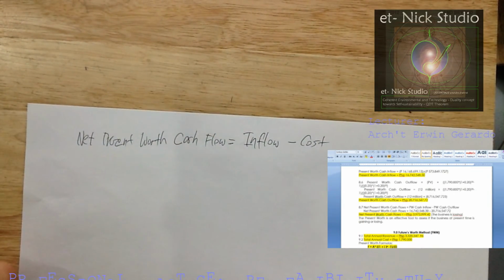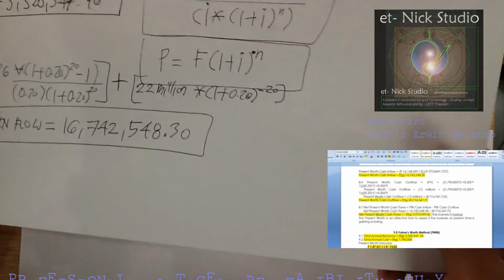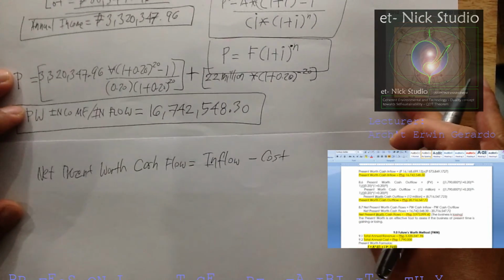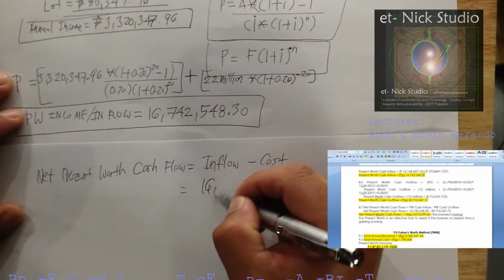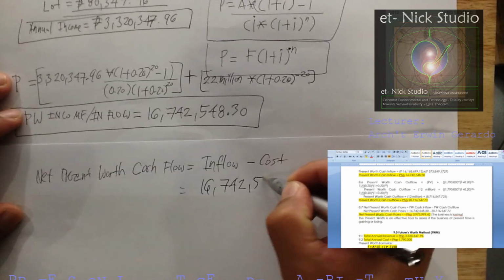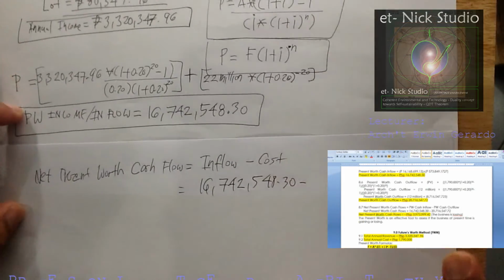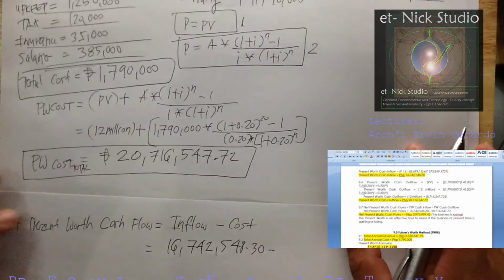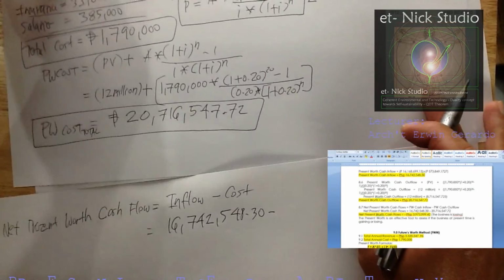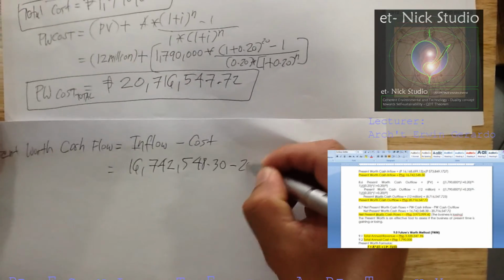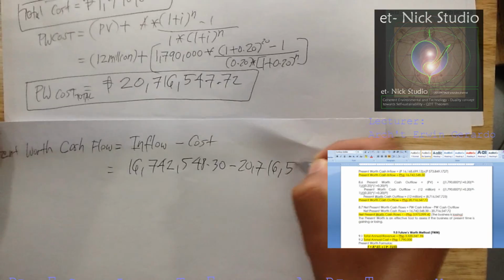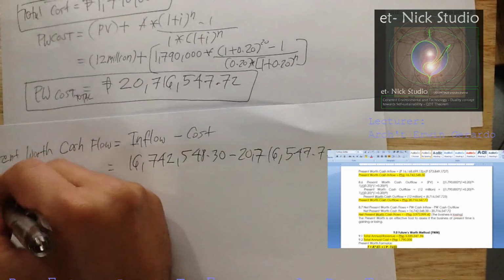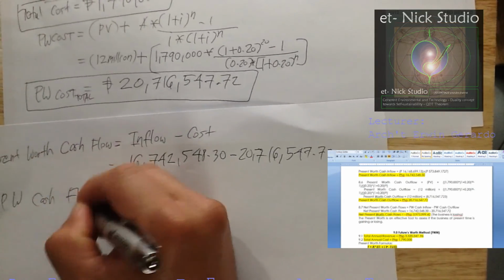So once again, here we have the cash inflow, which is actually equivalent to 16,742,548.30 minus the total cash outflow, which is actually equivalent to 20,716,547.72.